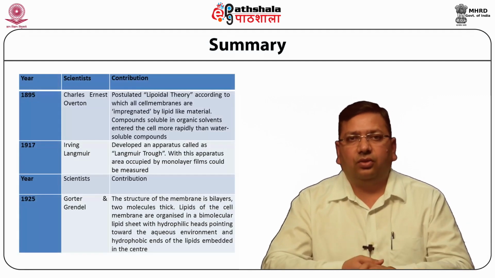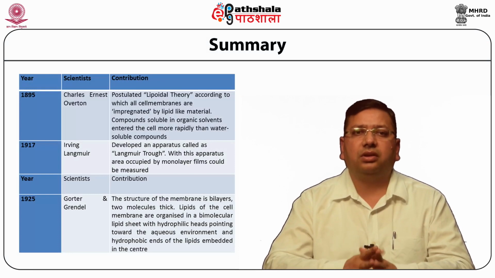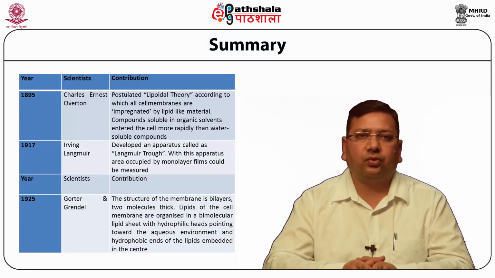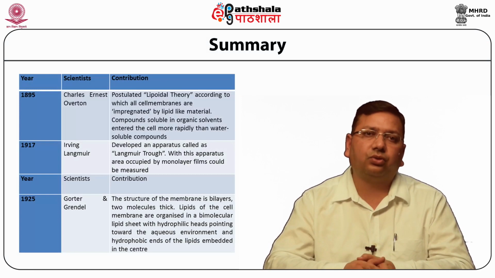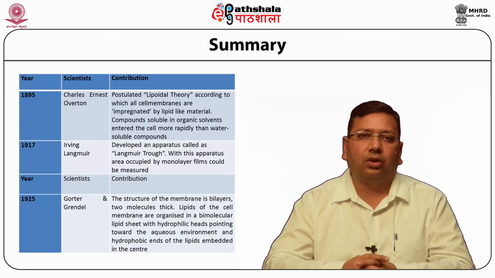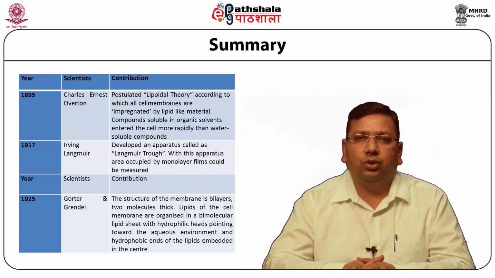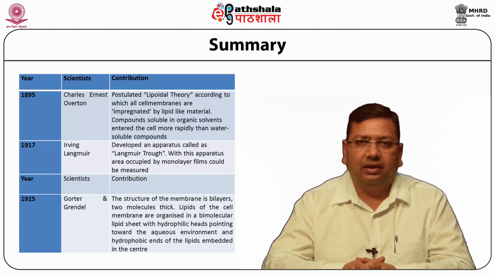So at last, students, now let us summarize what we have learned in this module. I'll start from the historical and lastly go up to the Fluid-mosaic model. Firstly, it was 1895 when Overton postulated lipid theory, according to which all cell membranes are impregnated by lipid-like material.